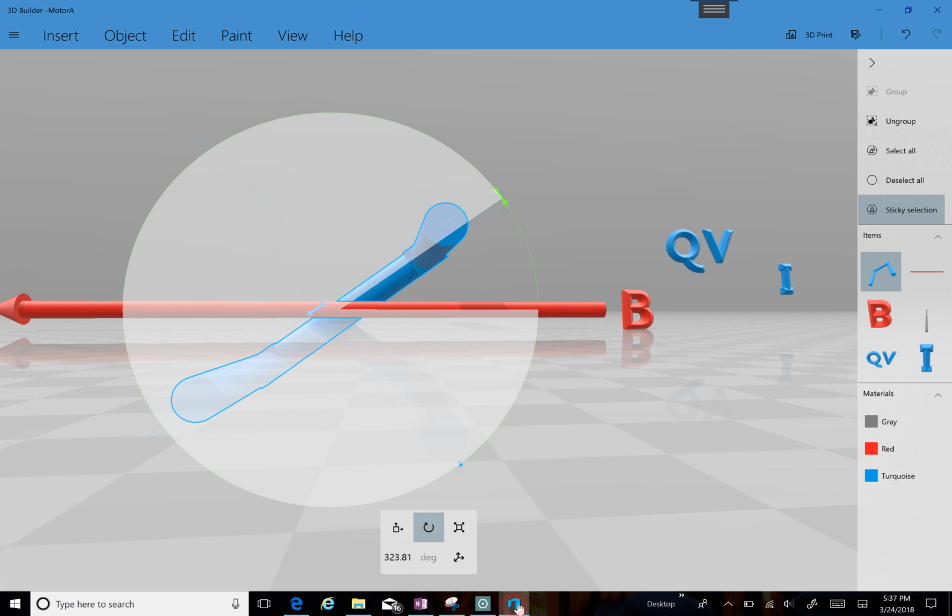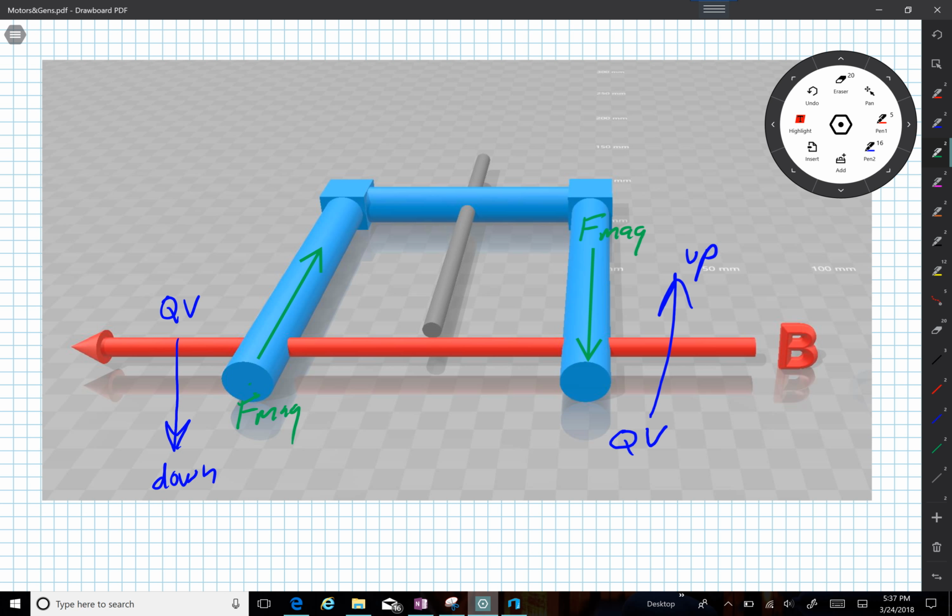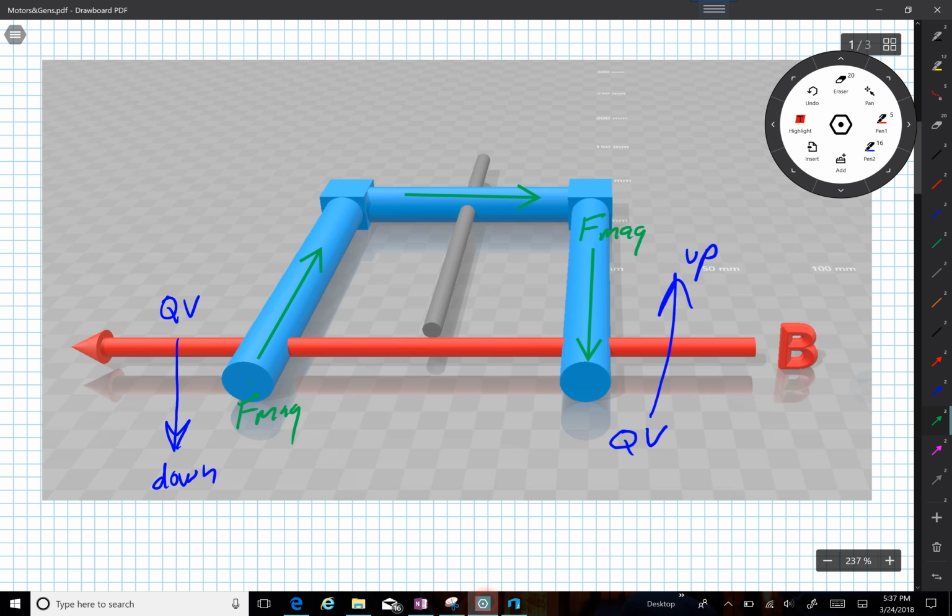Okay, so as I rotate this, the force on the charge is going to want to make charge come out this wire and go in this wire over here, into the page and out of the page. And if I've got both sides of the wire having charge like that, the charge in the middle is going to have to go this way, right?